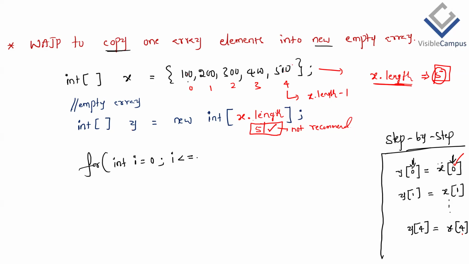If I use the y array, will there be any problem? Sir, you can use it. x dot length minus 1 or y dot length minus 1 is going to give the same number only. Therefore, it doesn't make any difference in this scenario. We can use both, but I'm using x only.